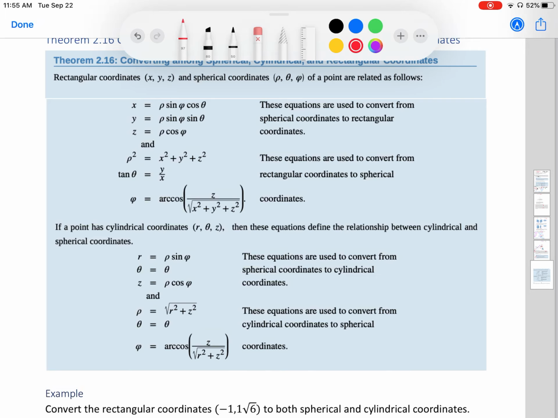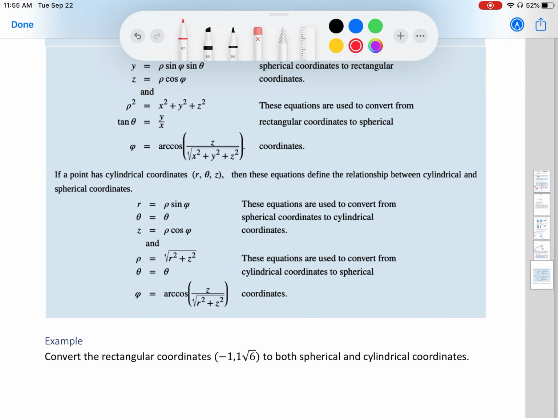And rho squared is equal to x squared plus y squared plus z squared. Tangent theta is y over x. And phi is arc cosine of z divided by the square root of x squared plus y squared plus z squared.